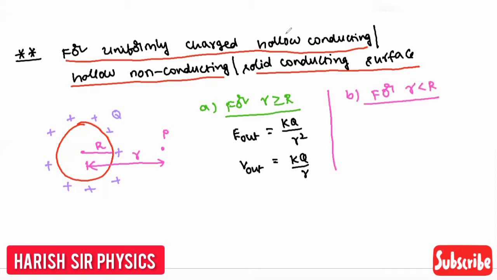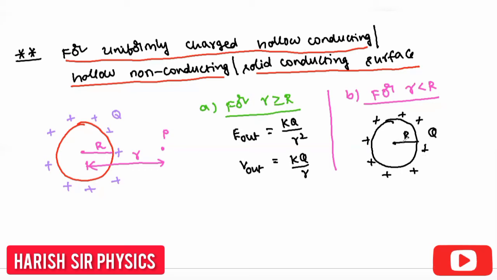Suppose the point lies inside. On the surface it has the charge Q, and this is the radius R. If you take a point inside somewhere here, the point is inside.